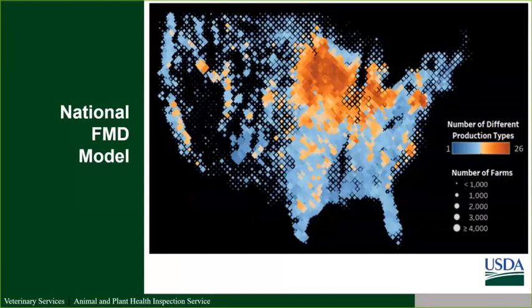But even in areas with lower density, we also have short distance movements of animals, and movements across many states. All those things can make a response and decision-making complex.